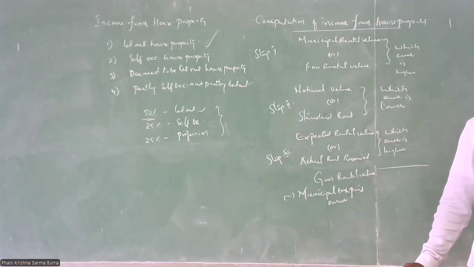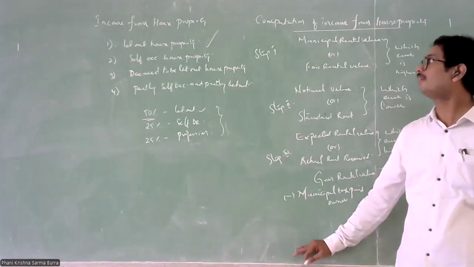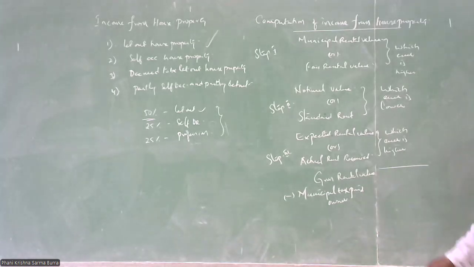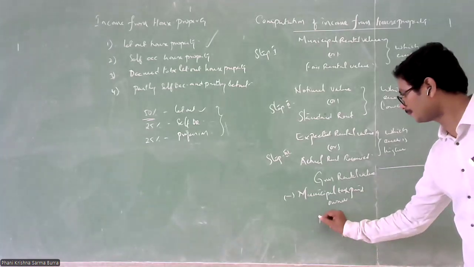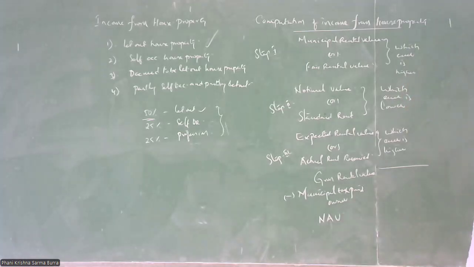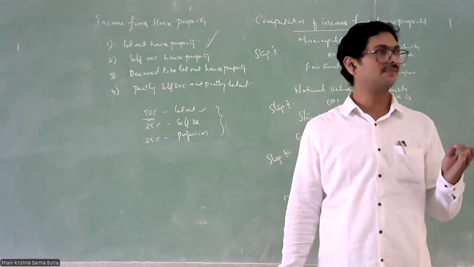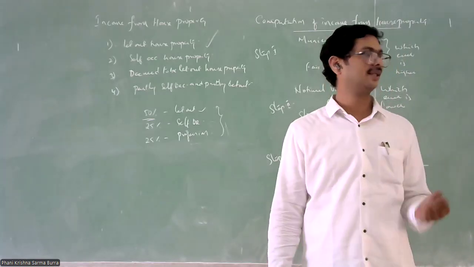In case the expenses are paid by the tenant, they are not allowed while computing the gross annual value. When you deduct these municipal taxes, that amount we call the net annual value. From the net annual value, we find out how much is the taxable income from house property.